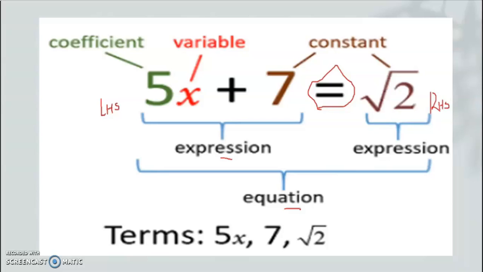So when two expressions are equal, then only an equation is formed. And in the expressions, either one of the expressions must contain a variable.